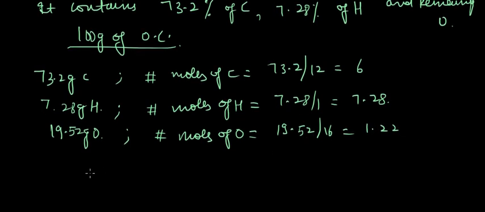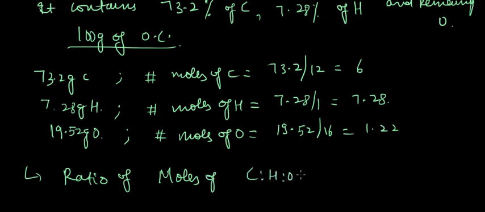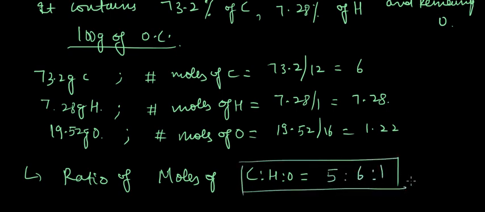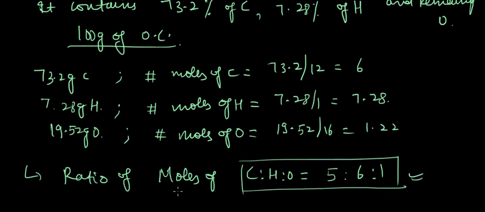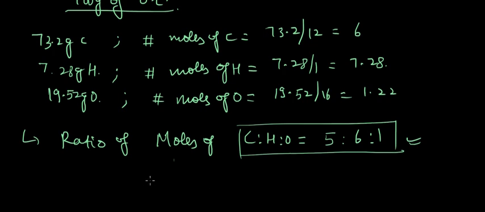Okay, so next, the ratio of moles of C to H to O would be, if you just calculate it, 5 is to 6 is to 1. You have to just apply basic algebra of multiply and divide over these terms, and the basic ratio will come out to be 5 is to 6 is to 1.